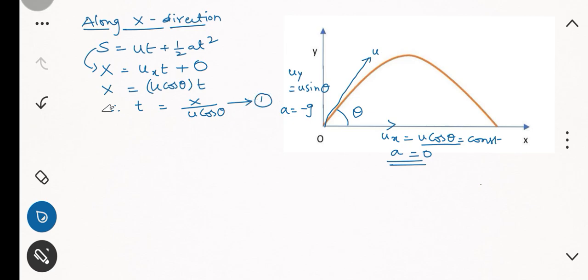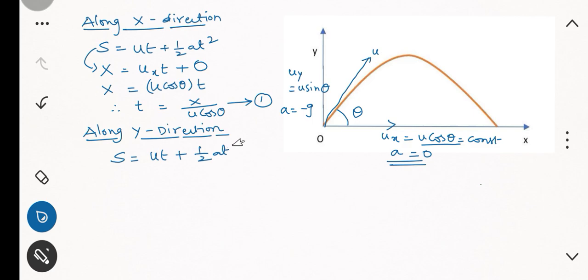In the same way, we can write the motion of the projectile along the y direction. For that, take again the equation of motion, s is equal to ut plus half at square.